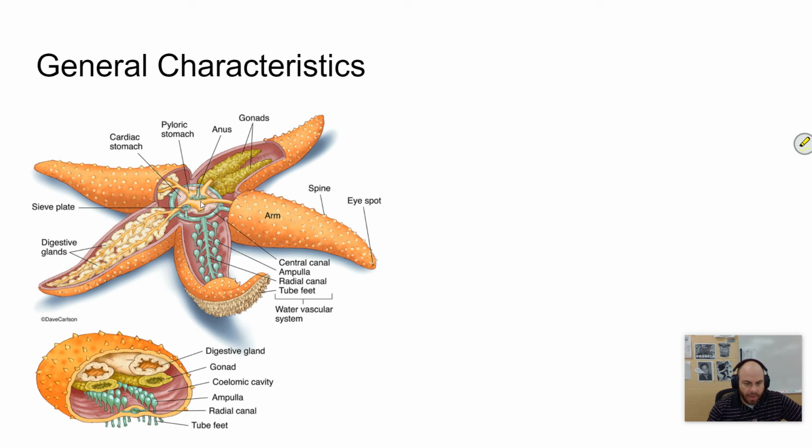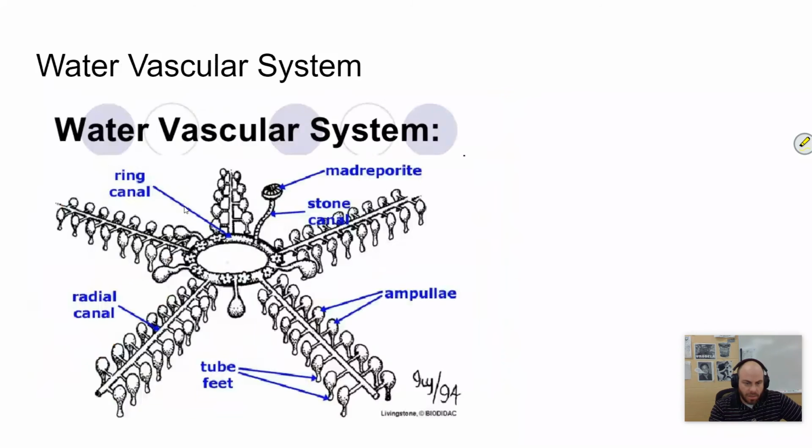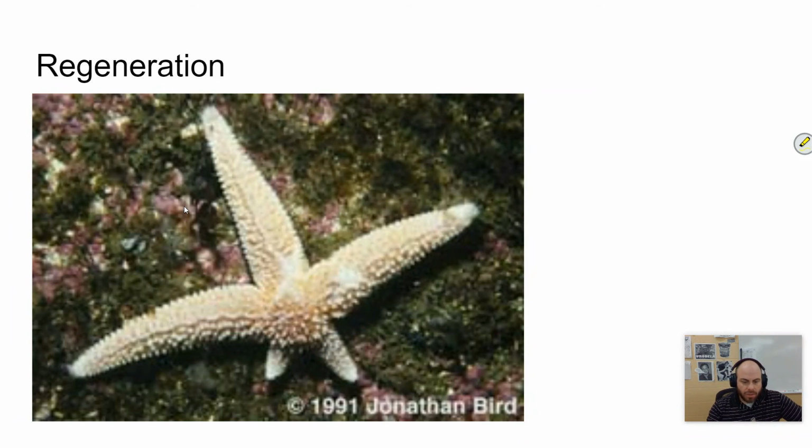As long as that remains intact, this one arm can actually regenerate all the other ones as long as the energy is there to do it. You can see here, two of the arms are being regenerated because these three are intact. Each individual arm has some autonomy to itself and is able to regenerate the others. That gives them some flexibility. You can just lose an arm or so and still be okay.